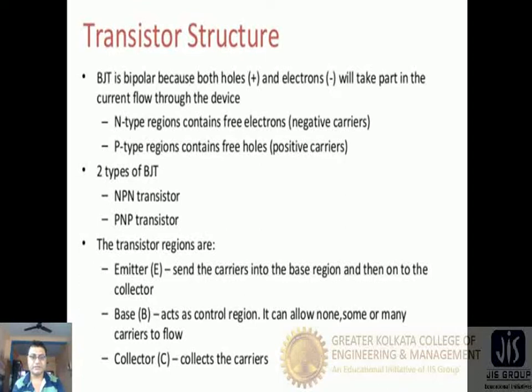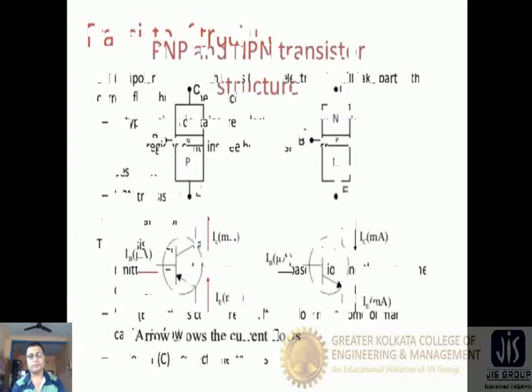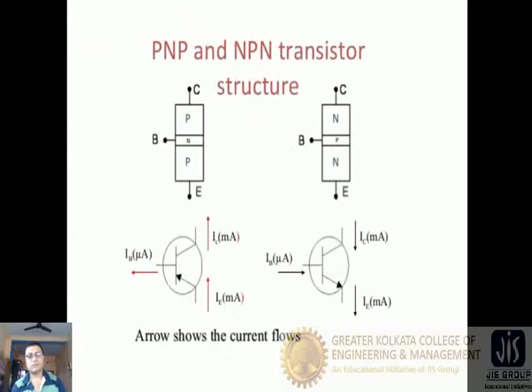The base region is a control region; it can allow none or some of the carriers to flow. And the collector region collects the carriers. These three terminals are present in the BJT: emitter, base, and the collector. These are the two types of BJT. One is NPN, another is PNP.